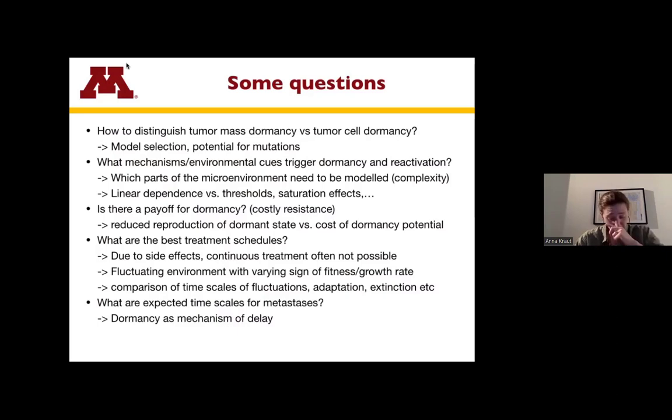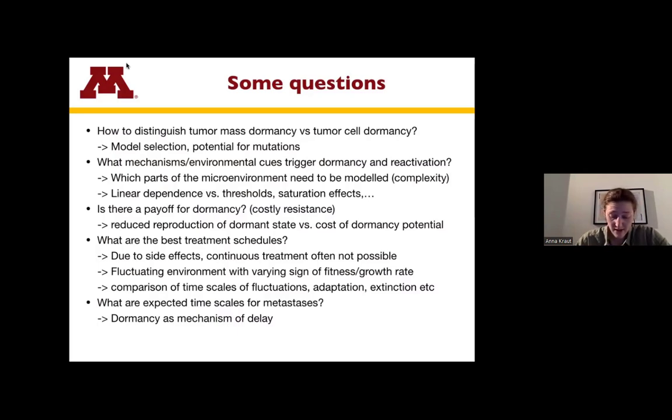And in the example that we just looked at, we have a somewhat linear dependence of activation and dormancy switch depending on the size of the population, quadratic for the overall population, but linear per cell. But this could also be a threshold effect, or there could be some saturations going on. So this doesn't necessarily need to be a linear dependence.